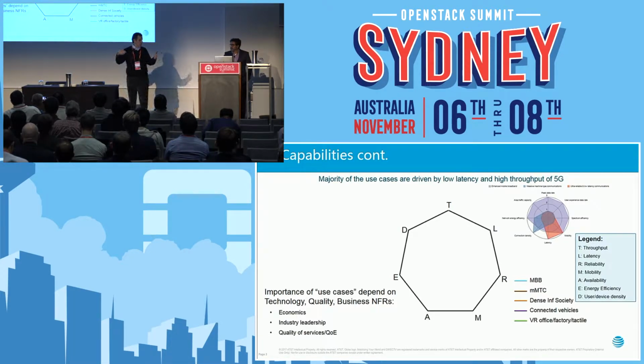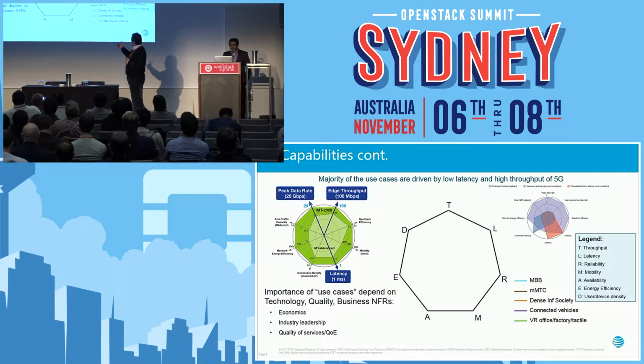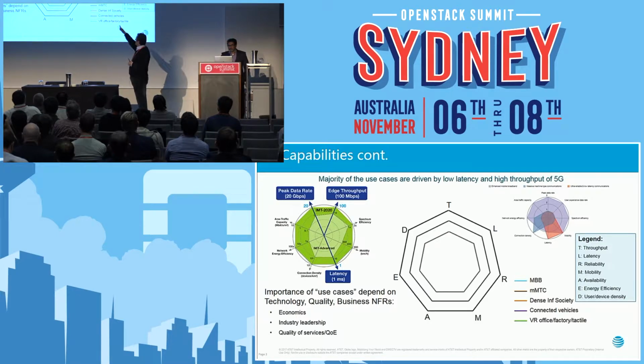As we go, I'm going to show you now, go one more. As you go to the inner heptagons, the KPIs are relaxed. The extreme points will define 5G as specified on the left-hand side.